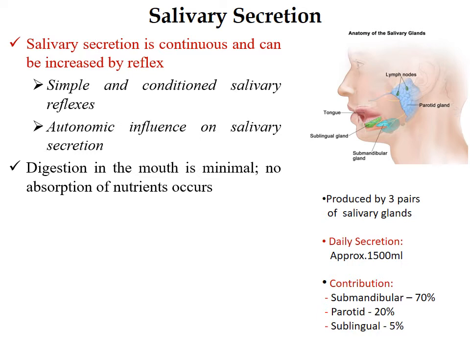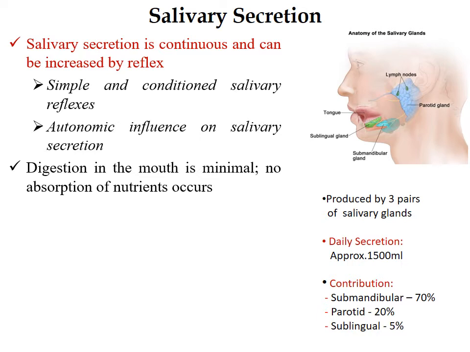Digestion in the mouth is minimal and no absorption of nutrients will occur. As I mentioned, the food will not remain in the mouth for a longer duration. As a result, only carbohydrate digestion will just begin, because we have salivary amylase in the saliva, which initiates carbohydrate digestion in the outer part of the bolus.